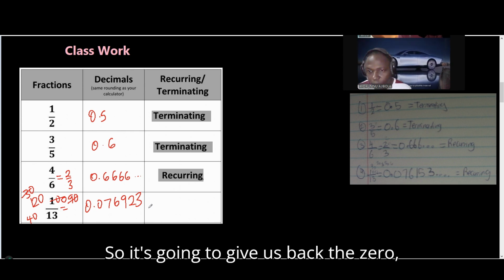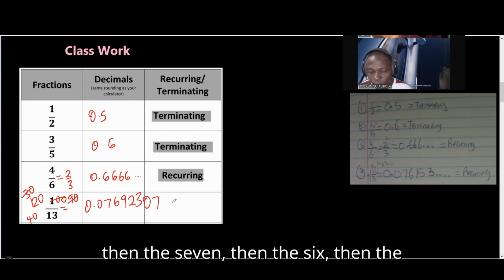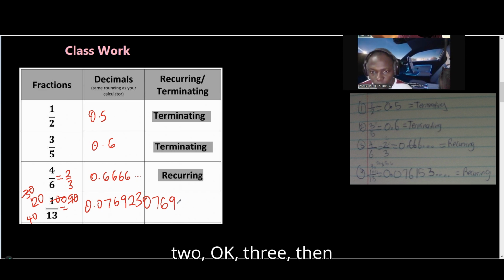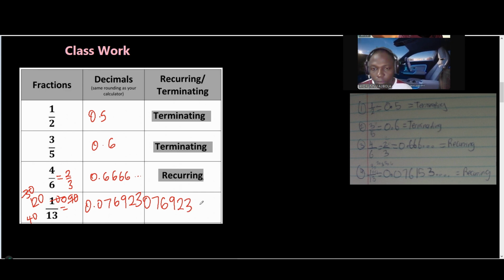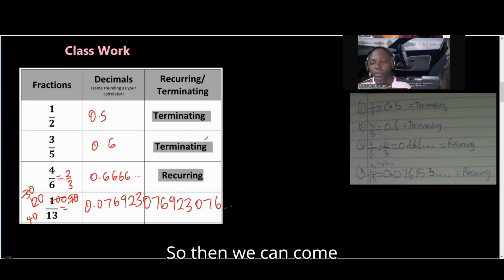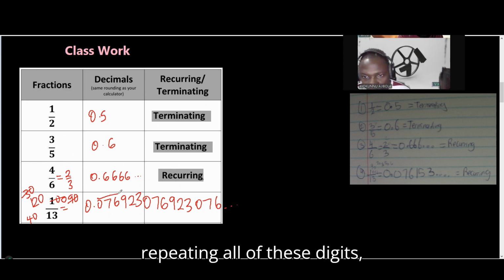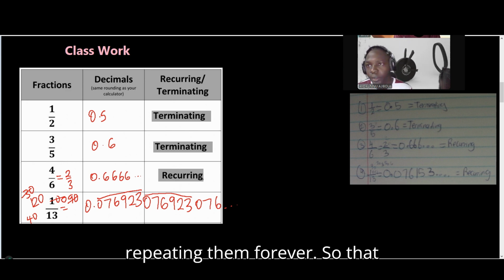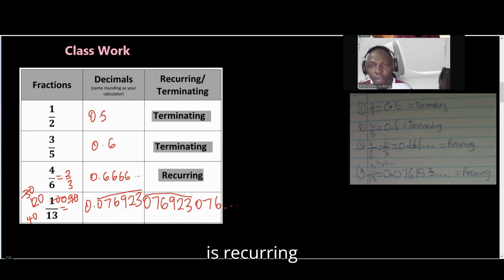So it's going to give us back the zero, then the seven, then the six, then the nine, and two, three, then zero, seven, six, and so on. So we can conclude that it is recurring because it keeps repeating all of these digits forever. So that is recurring.